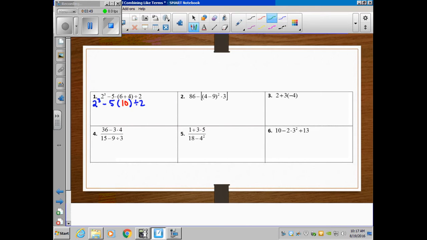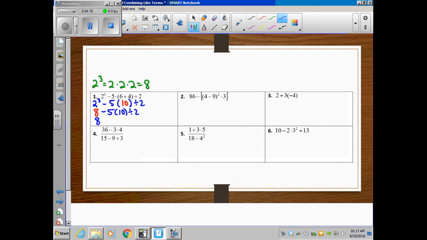So then I look, 2 to the third power is 2 times 2 times 2. 2 times 2 is 4 times 2 is 8. So now I know 2 to the third power is 8, minus 5 times 10 divided by 2. Okay, now I'm done with the exponents, so let's take a look at the multiplication and division. Multiplication comes first from left to right, so I do that first.